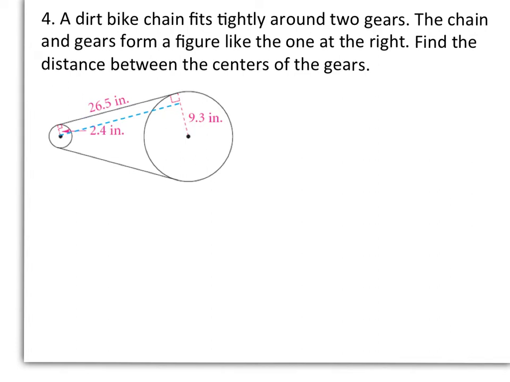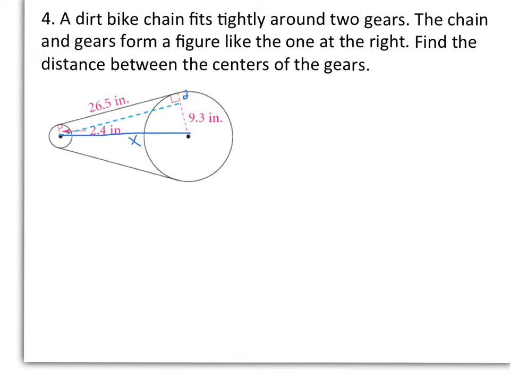In number 4, it says a dirt bike chain fits tightly around 2 gears. The chain and gears form a figure like the one at the right. Find the distance between the centers of the gears. So we're looking for this distance here. We're just going to call that x. If you notice in the figure they gave us, the radius is 9.3 in the larger gear. They also gave us this rectangle.